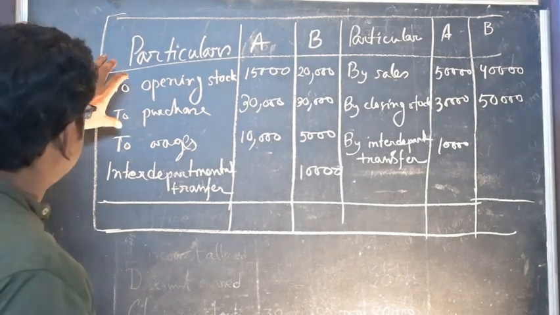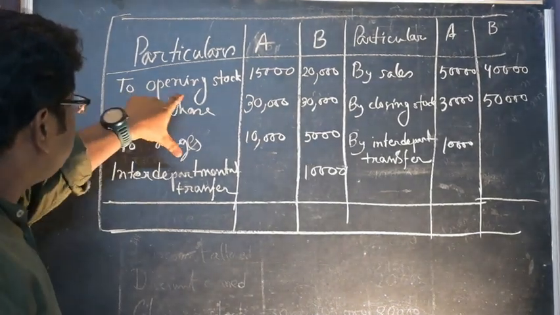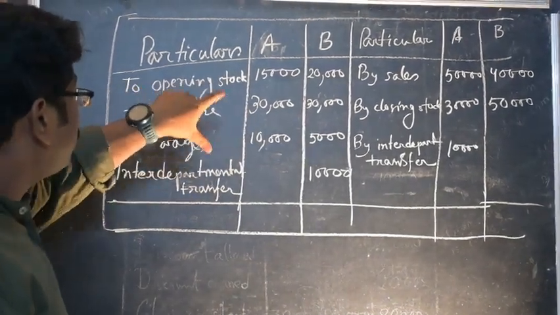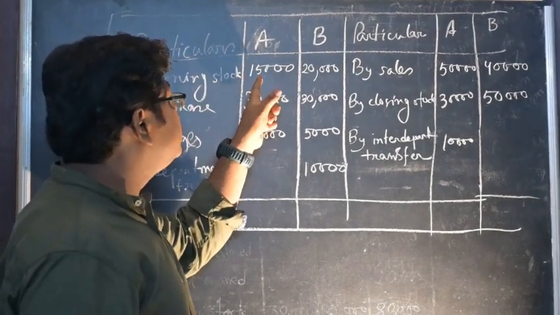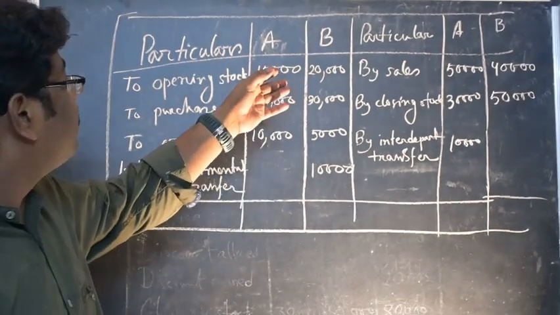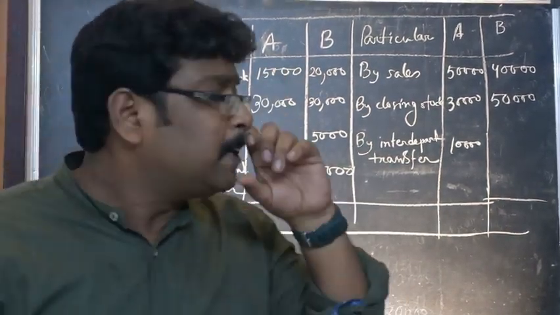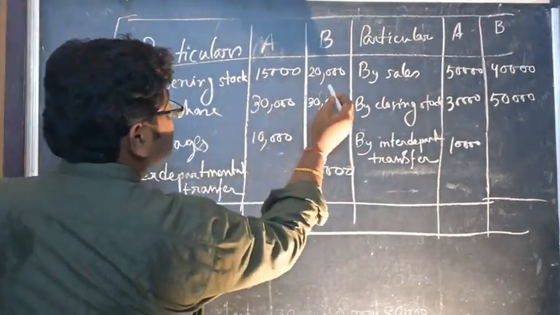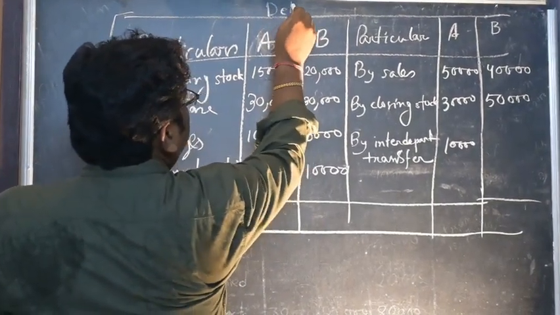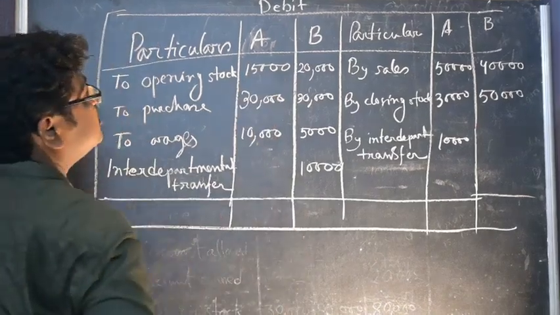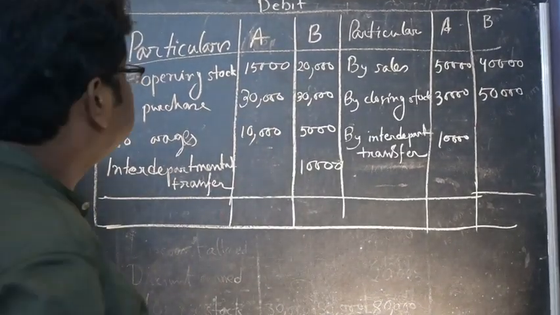Now look, in your problem, the opening stock for department A is 15,000 and for department B it is 20,000. This part in the trading account is the debit side, and this is the credit side.